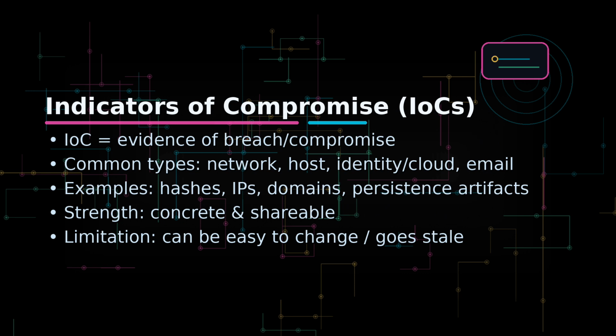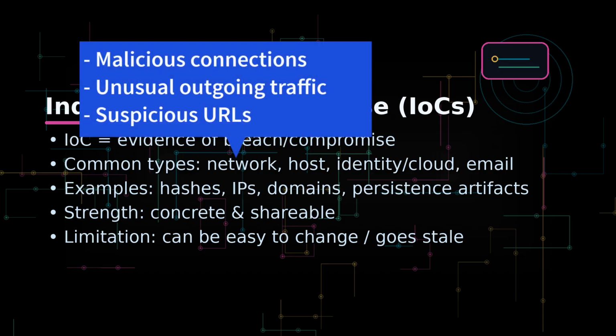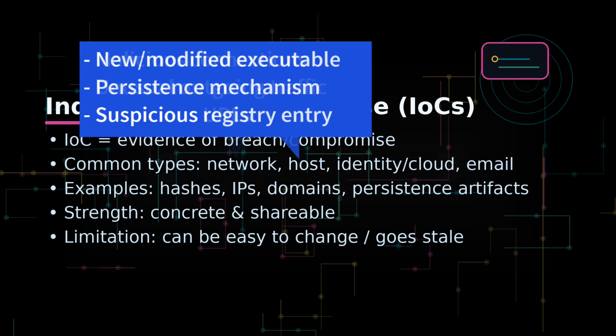Common IoC categories include network artifacts: connections to known malicious IPs or domains, unusual outbound traffic patterns, suspicious URLs. Host artifacts: a new or modified executable, a persistence mechanism like an unexpected scheduled task, or a suspicious registry change.